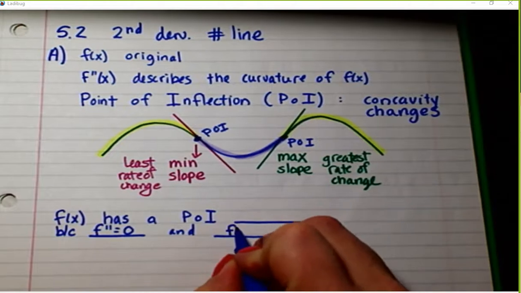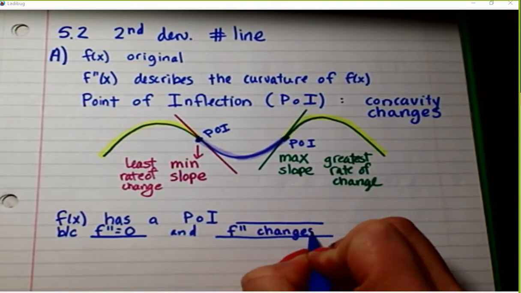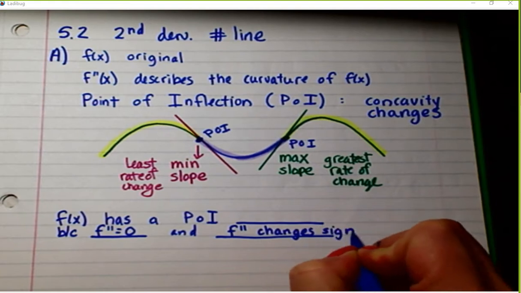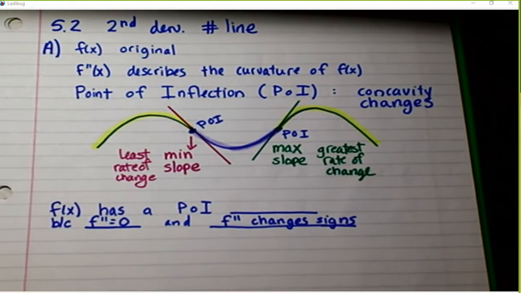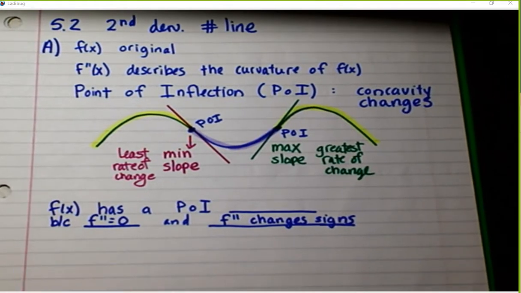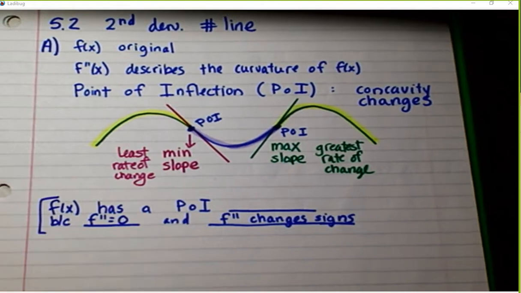So that means the second derivative changes signs. It doesn't matter plus, minus, minus, plus. It just matters that it was changing. Okay, so there's one sentence. You're like, okay, I feel pretty good about that one.